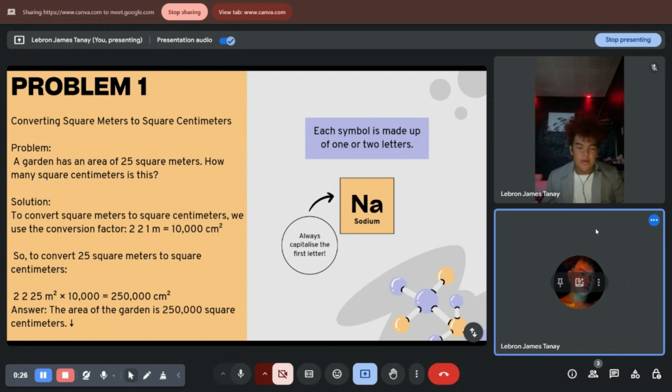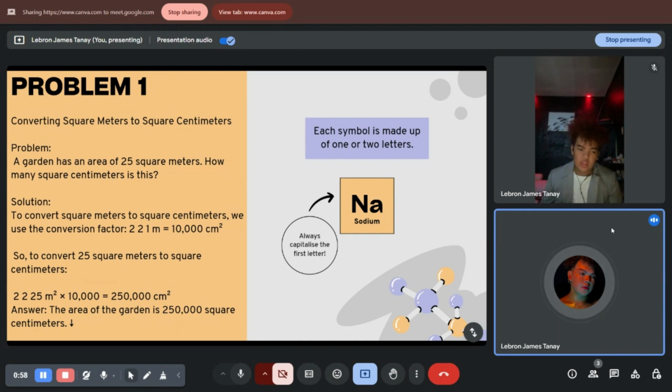Topic number 2 is this. Problem number 1 is converting square meters to square centimeters. Problem: a garden has an area of 25 square meters. How many square centimeters is this? Solution: to convert square meters to square centimeters, we use the conversion factor of 1 square meter equals 10,000 centimeters squared.